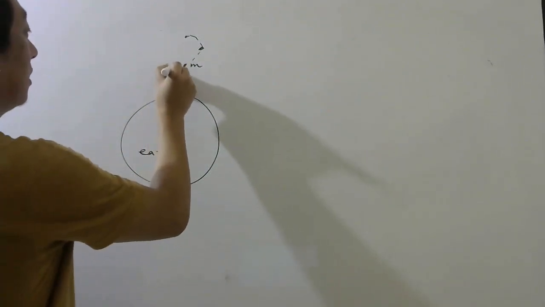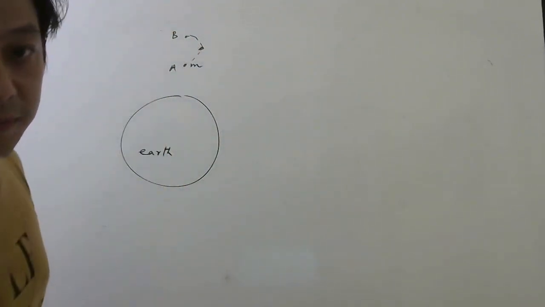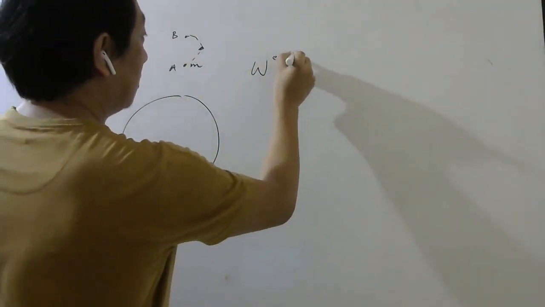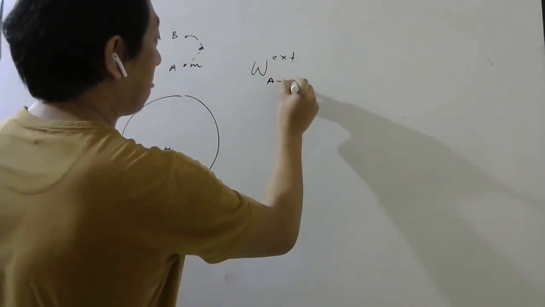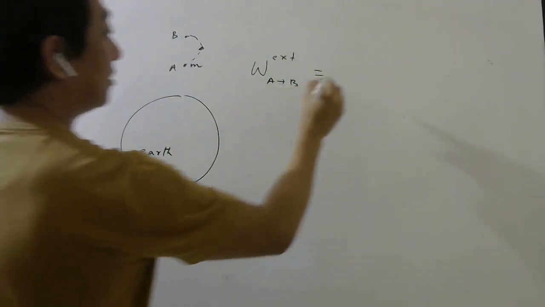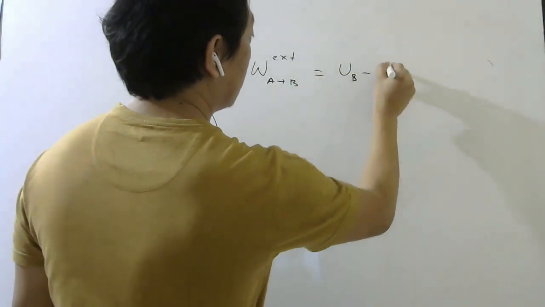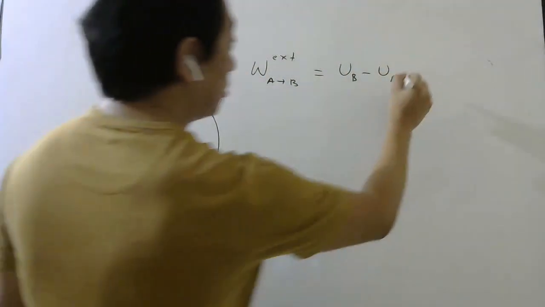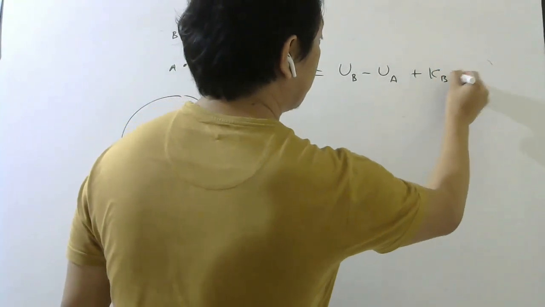So let's say from A to B, I want to move a body. So the work done by the external force from A to B will be equal to two parts. One is that potential energy can change, so whatever is the change that you have to give by doing work, also kinetic energy may change.